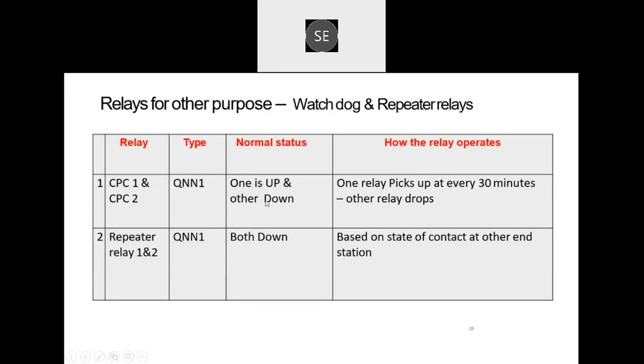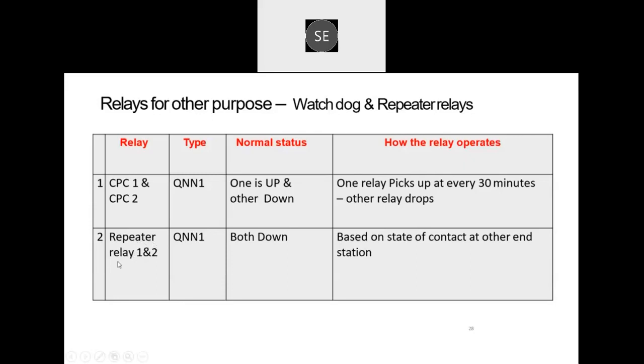Their normal status is that one relay is up and the other relay is down. One relay picks up every 30 minutes and the other relay drops. These two relays will check the integrity of the entire system, and if there is any failure, these two relays will shut down the system safely. So there will not be any unsafe side failure from the system.